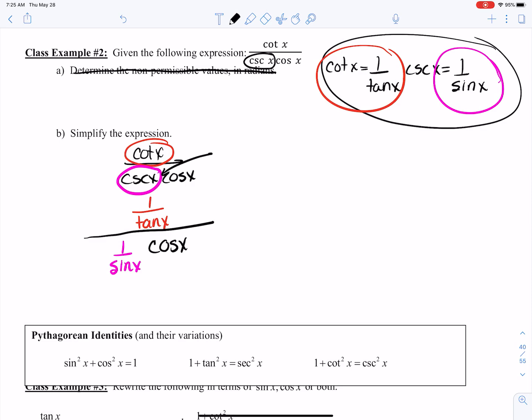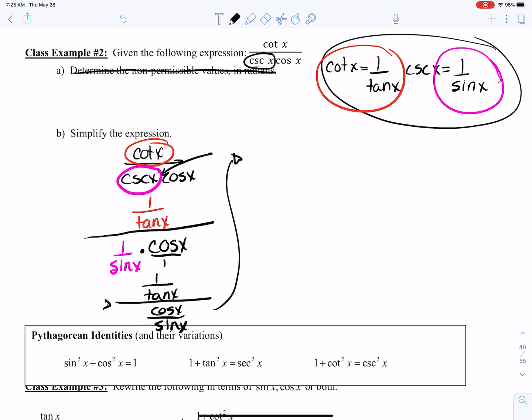All right, so if I clean this up, we know that when there's no sign in between, it's multiplication. So this is going to be 1 over tan x over cos x over sine x, because 1 times cos is cos, sine times 1 is sine. I'm going to bring this up here.